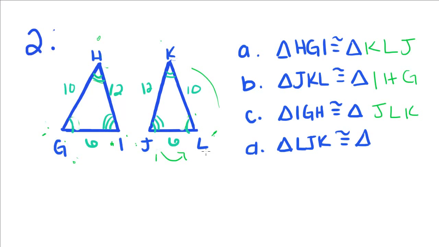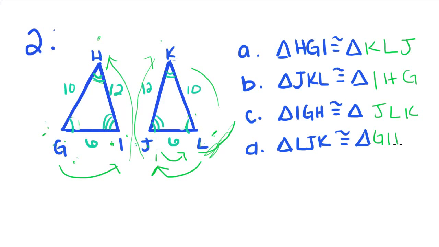And then one more, we have L, J, K. So I started with L, so I have to start with G on this triangle. I went to J, L to J, so I gotta go G to I, and then I went up to K. I went up to K this way, so we gotta go up to H this way.